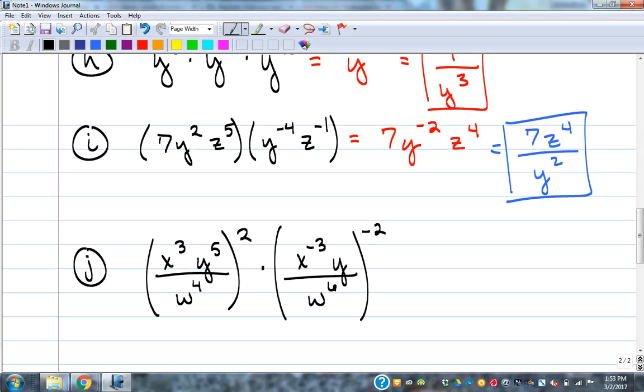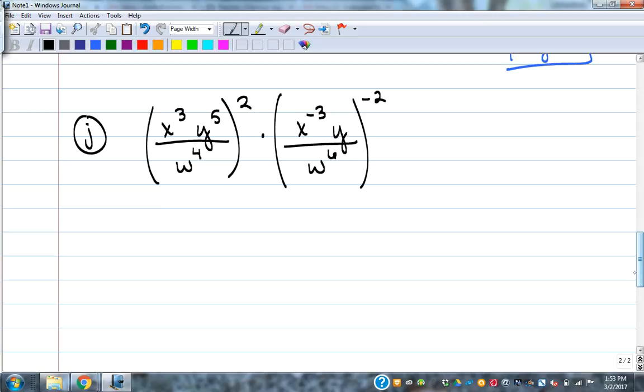So the first fraction turns into x to the what? x to the 6th, y to the 10th, and what about that w on the bottom? Does it get the squared too? Yes, everybody on the inside of that parentheses gets the exponent on the outside. So that's going to be w to the 8th on the bottom. What about the second fraction? Do the same thing.